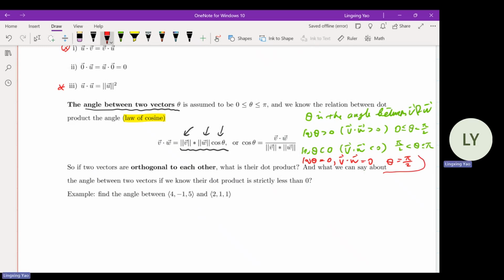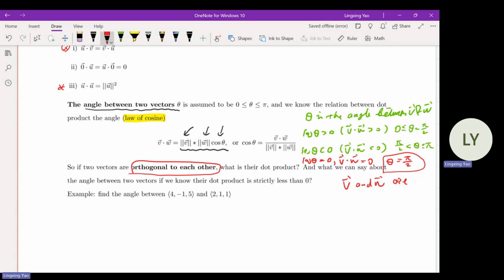Geometrically, that means the angle is a right angle, and we can say v and w are perpendicular or orthogonal to each other if the dot product of the two vectors is just 0. So the dot product is actually related to the geometric information between two vectors.